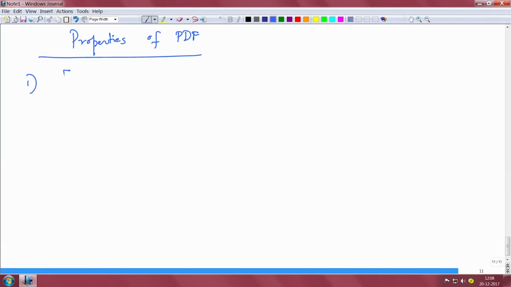First, the probability distribution function evaluated at infinity is 1, and F_X of minus infinity is 0.